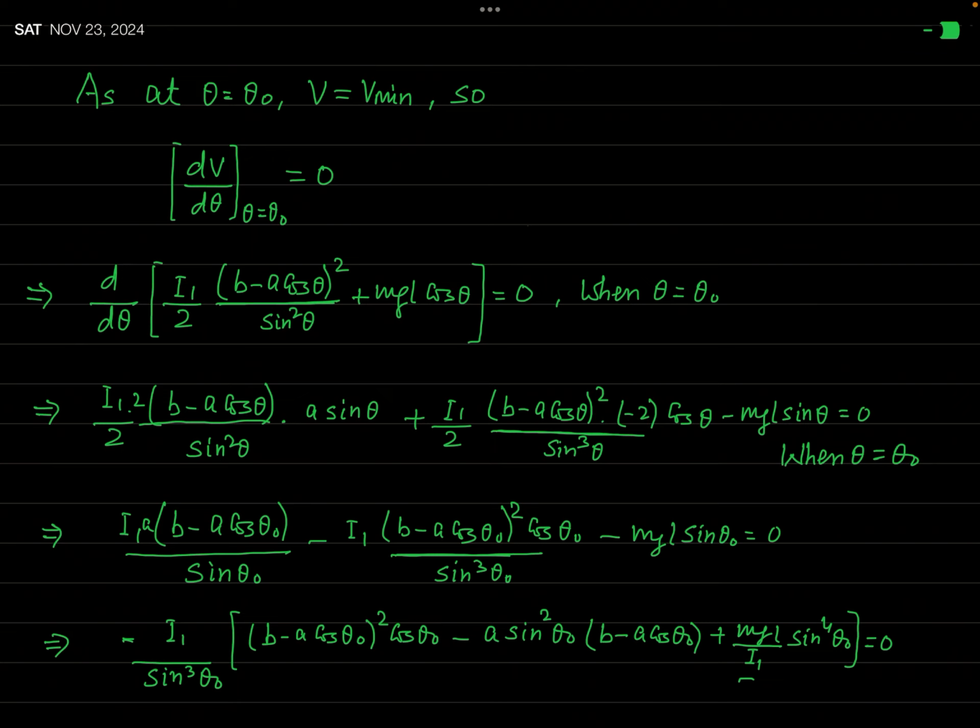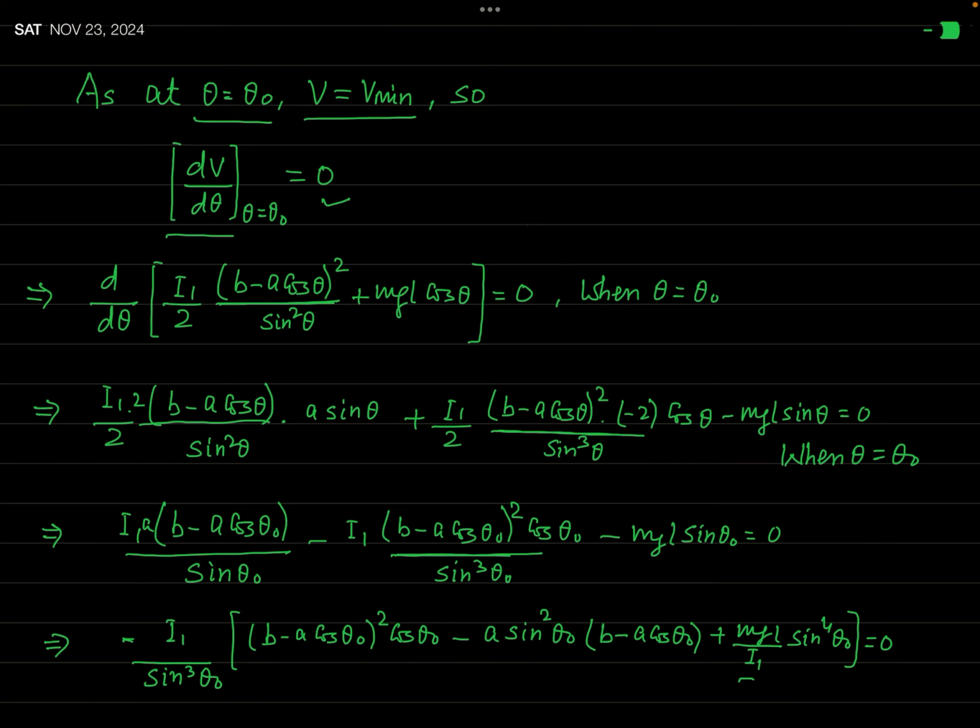As you have seen in the graph, when theta is equal to theta naught then V is minimum. So I have written V equal to V minimum. In accordance with the concept of maxima and minima, you have definitely learned that if V is minimum for theta equal to theta naught, then definitely the first order derivative, that is dV by d theta at theta equal to theta naught, must be equal to 0.